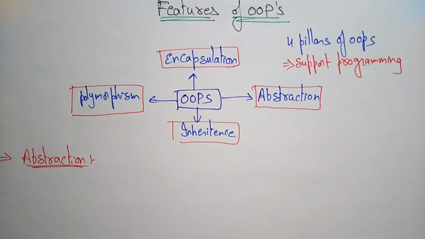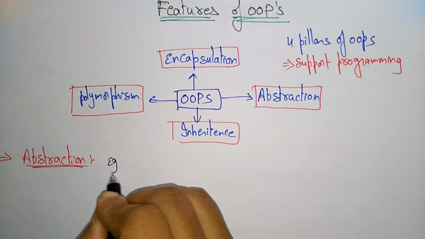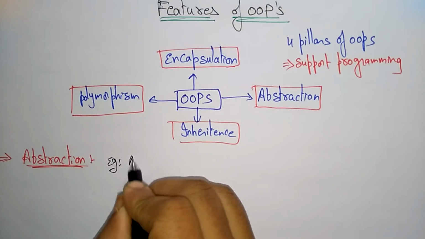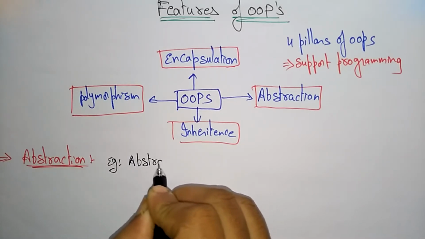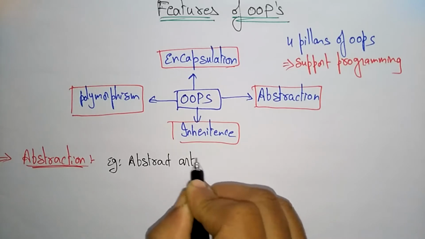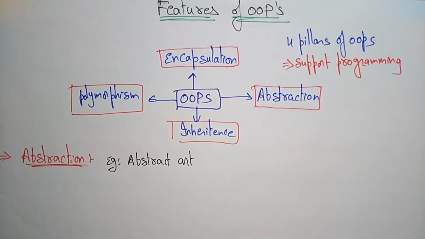Just take the example of abstract art. If you see abstract art, you'll just see a painting with no image. Only different colors will be spread on the sheet, and it looks beautiful. It doesn't consist of any particular shape. That you call abstract art.